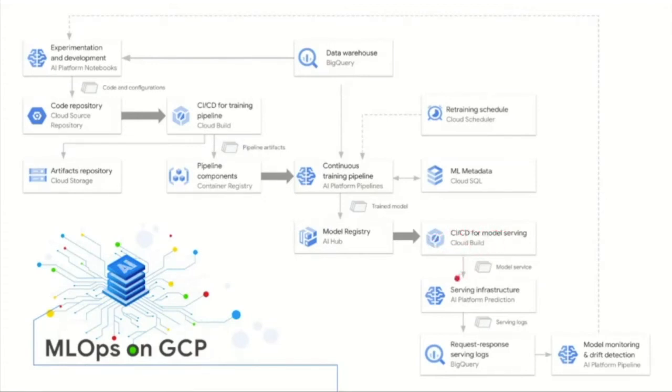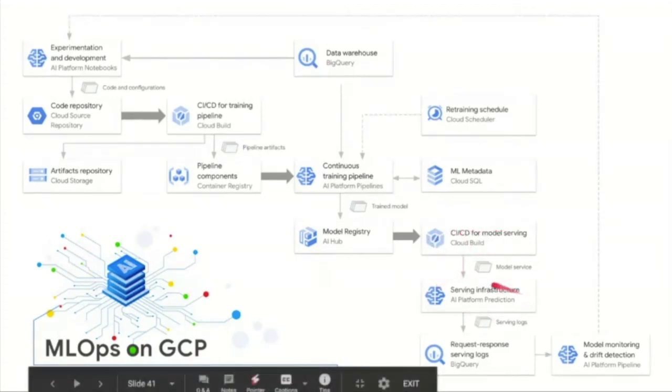You take that model and you serve it on AI Platform Prediction Service, for example, and then that is ready to accept traffic. You can log the traffic and the predictions that the model is making on another BigQuery table, so that you use this logging essentially to monitor the performance of the model and see if there's a drift and make sure that the model is performing and behaving well.